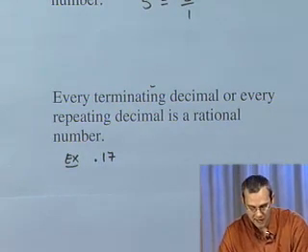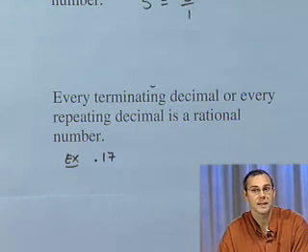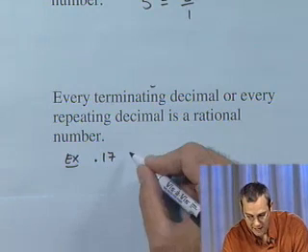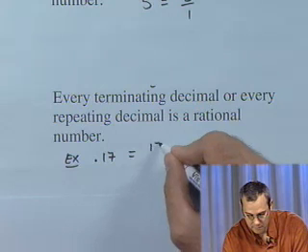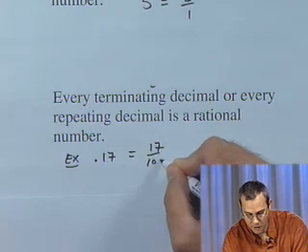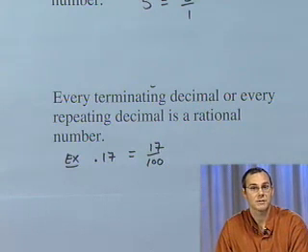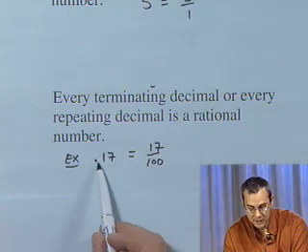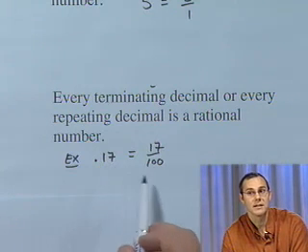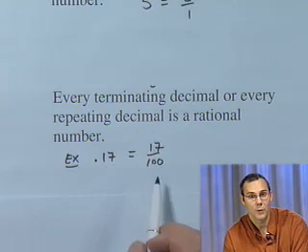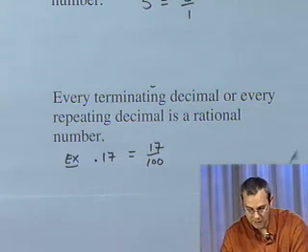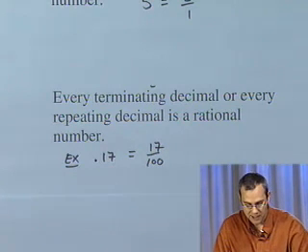There's a decimal value and it terminates. The decimal ends at 7. That can be written as 17 over 100 if we wanted to write that as a fraction of two integers. So for every terminating decimal, you can always find the fraction, or the rational number, that represents that. So every terminating decimal is a rational number.